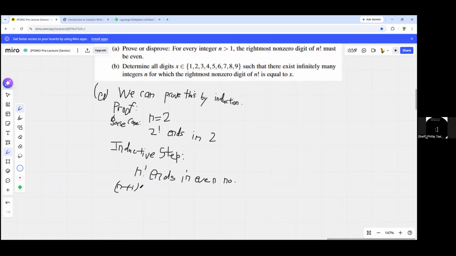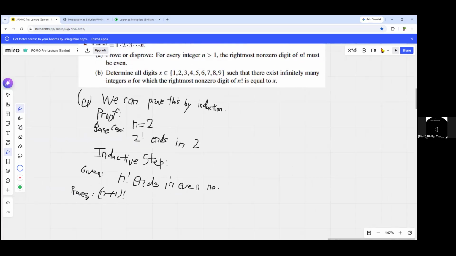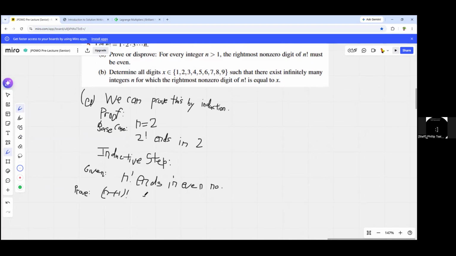Now we only need to prove that n plus one factorial. So given that n factorial ends in an even number, we must prove that n plus one factorial also ends in an even number. And basically, this is all we need to prove for a solution.